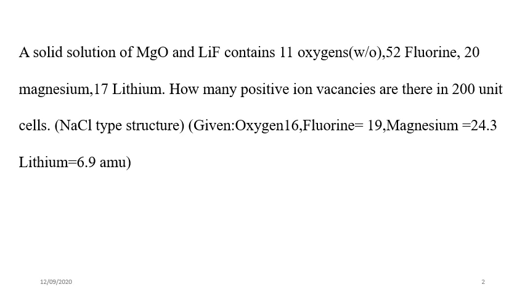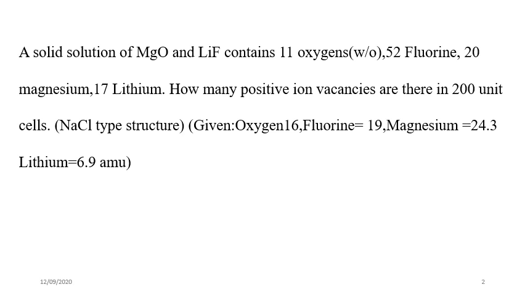MgO has NaCl type of structure, that is given, and the atomic masses of oxygen, fluorine, magnesium and lithium are also given in AMU. Here in this problem, the amounts of oxygen, fluorine, magnesium and lithium are given in weight percent.